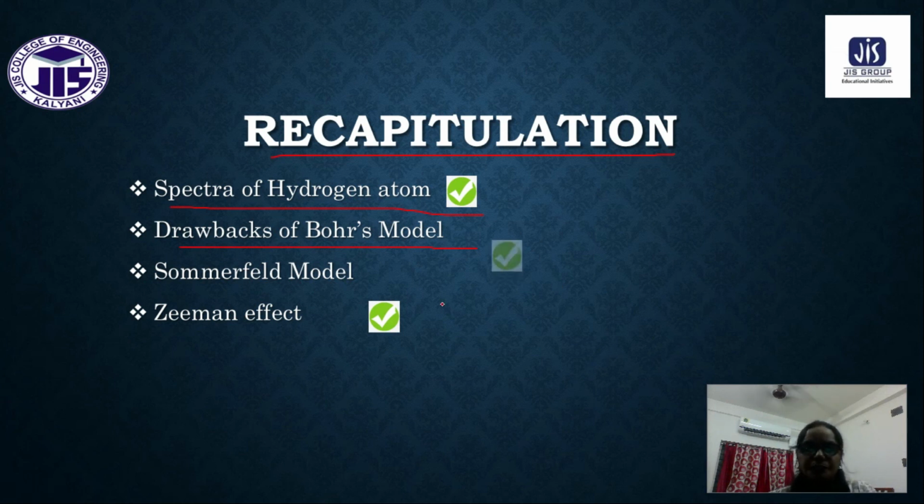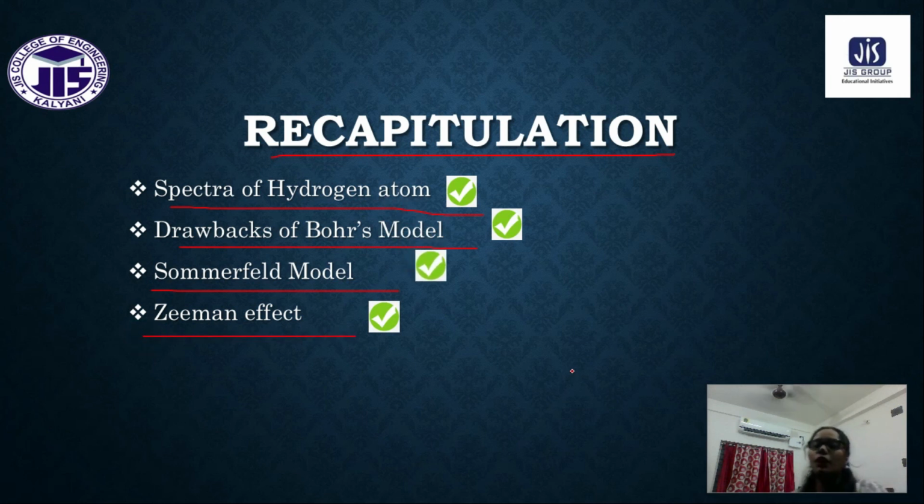Next I told you about the Sommerfeld model, how Sommerfeld introduced that the electrons revolve around the nucleus through elliptical orbits as well as circular orbits. According to Sommerfeld, we have to introduce one more quantum number, the azimuthal quantum number or orbital quantum number, and after that we have the Zeeman effect.